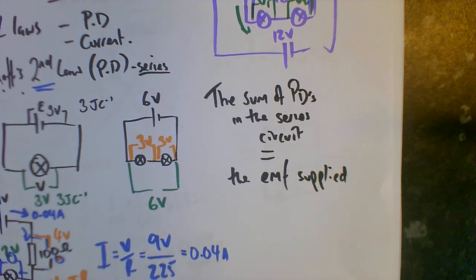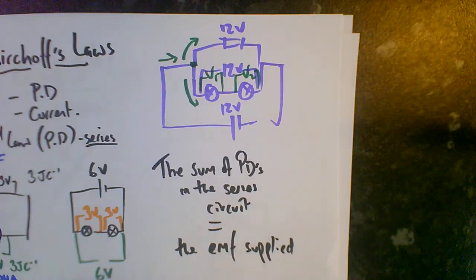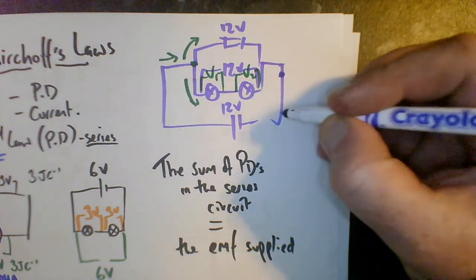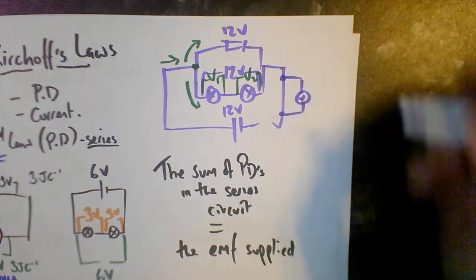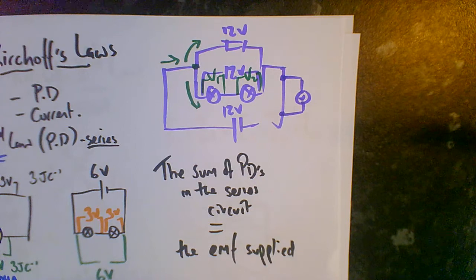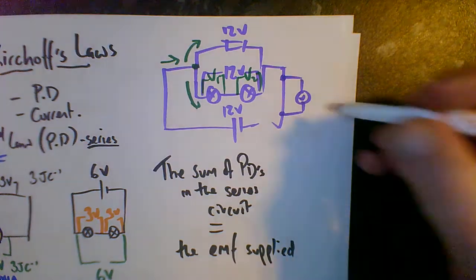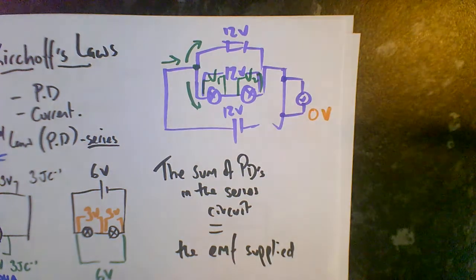The PD is where energy is lost, so just as an aside here, what would be the PD across that point there? What do you reckon? Well, hopefully you understand that that's going to be 0 volts in an ideal situation. Not in a real situation, but in an ideal situation.